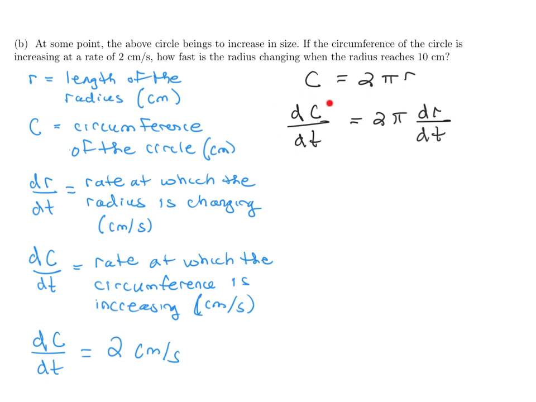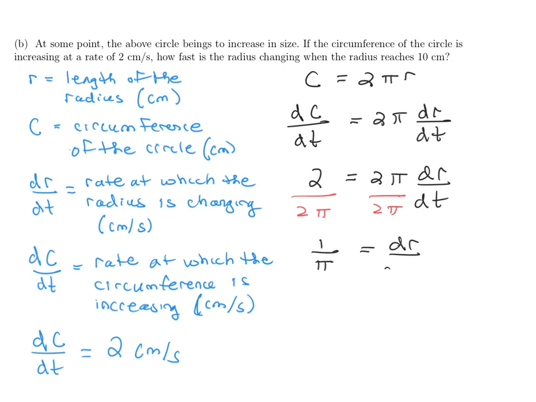Here I'm going to put 2, and divide it by 2 pi, and that'll give us the answer of dr dt. So we have 2 is equal to 2 pi dr dt. If you divide both sides by 2 pi, they cancel on the right, the 2's on the left cancel, you get 1 over pi, and this is equal to dr dt.